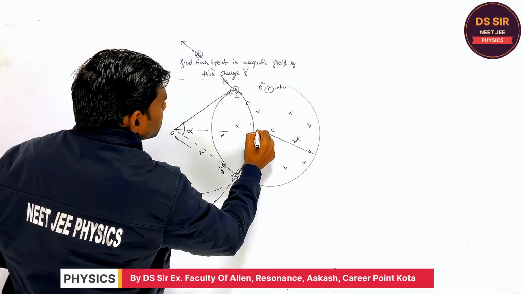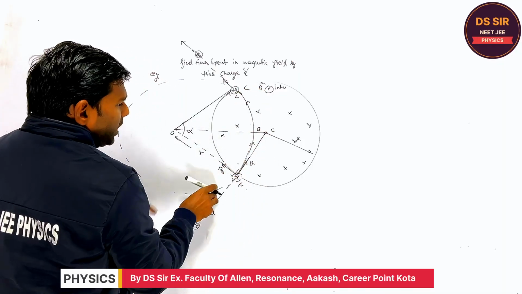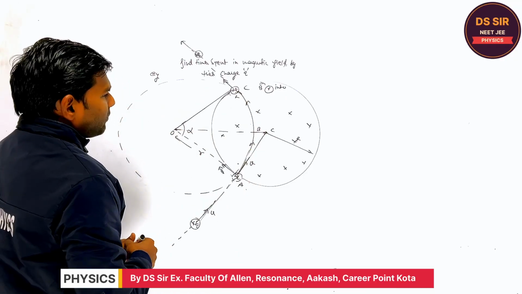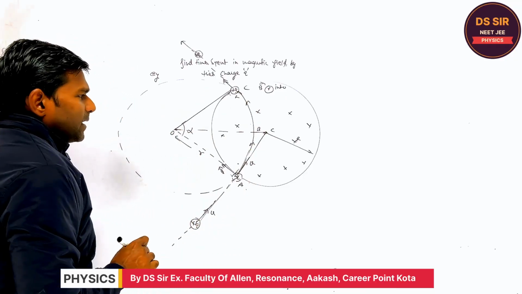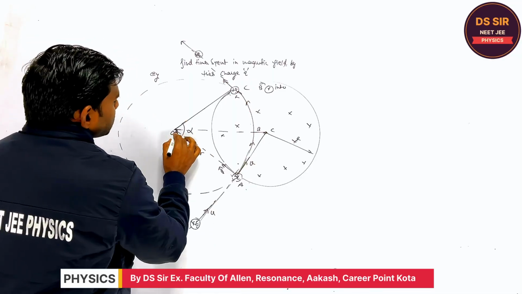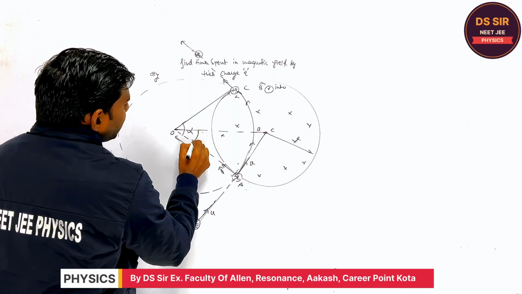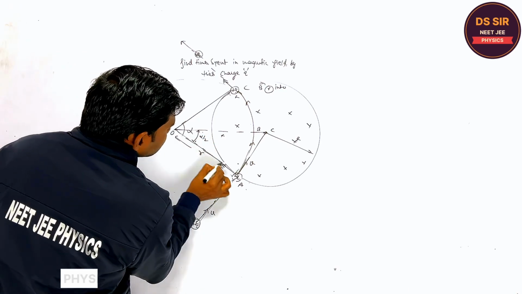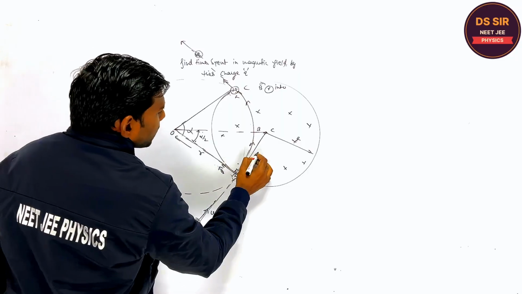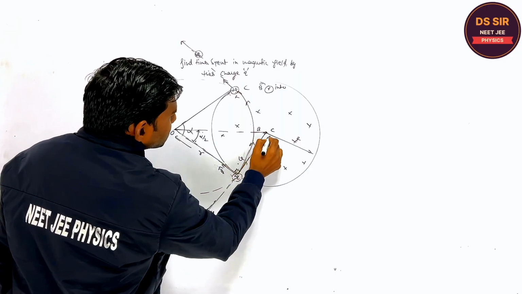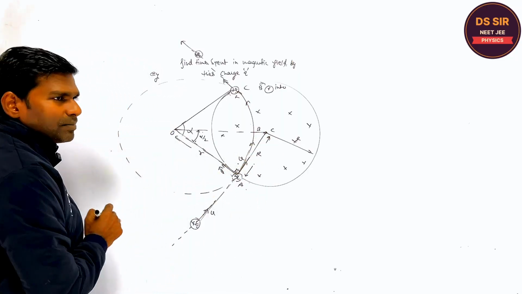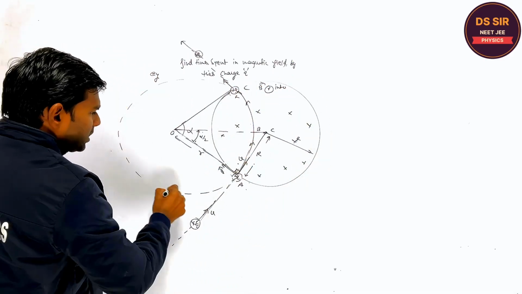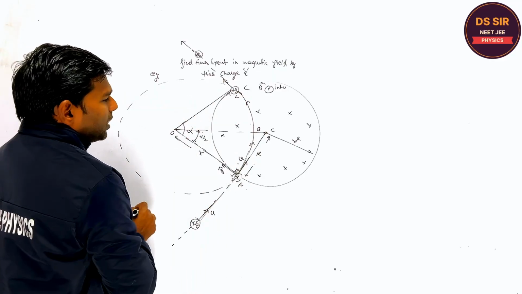Suppose this is A, this is B, this is C. What is the angle made by this arc ABC at the center? It is alpha. So how to find this alpha? Suppose this is alpha, this half angle will be alpha by 2. If you consider this triangle, with the speed v, the radius of the field region is capital R, and the radius of the circle made by the charged particle is small r.